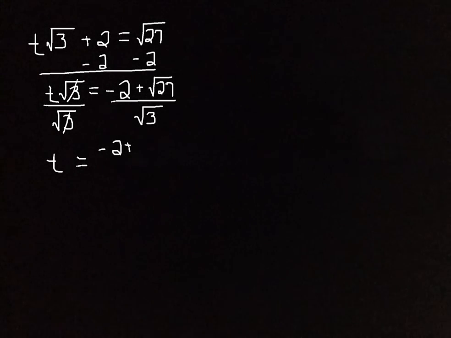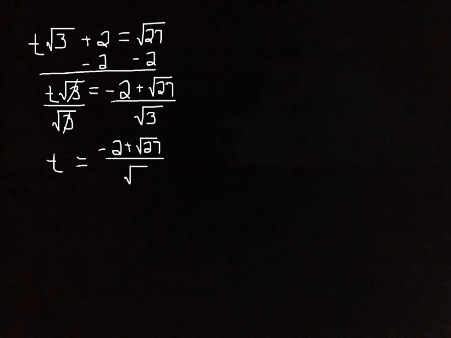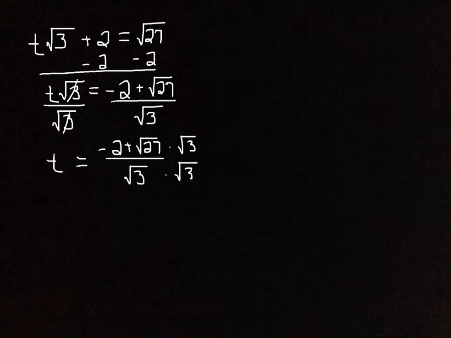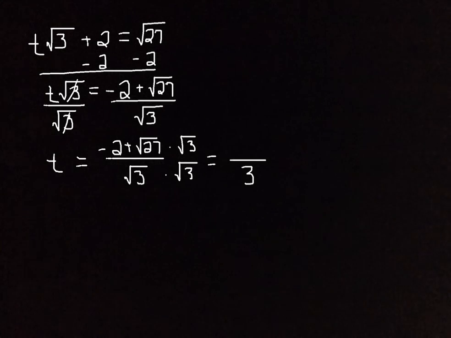Now, square root of 27 could be simplified, we might do that here in a minute, over the square root of 3. You can't have a radical in the denominator, so it's multiplied by the square root of 3 over the square root of 3. So that in the denominator is just going to be 3, and you distribute, so it's negative 2 square root of 3, and 27 times 3 is equal to 81, and the square root of 81 is 9.